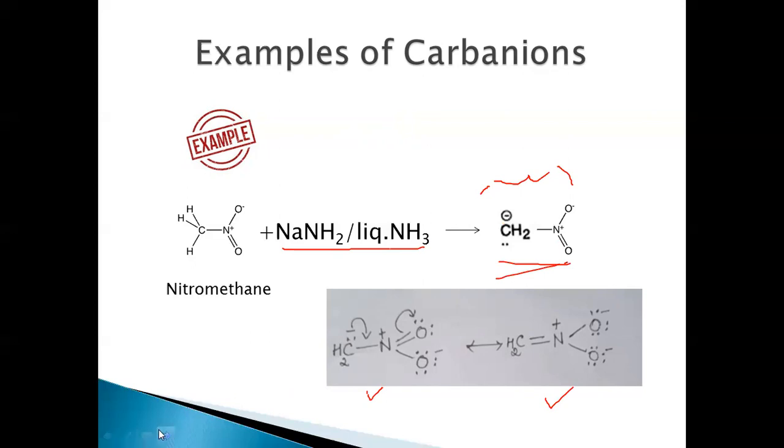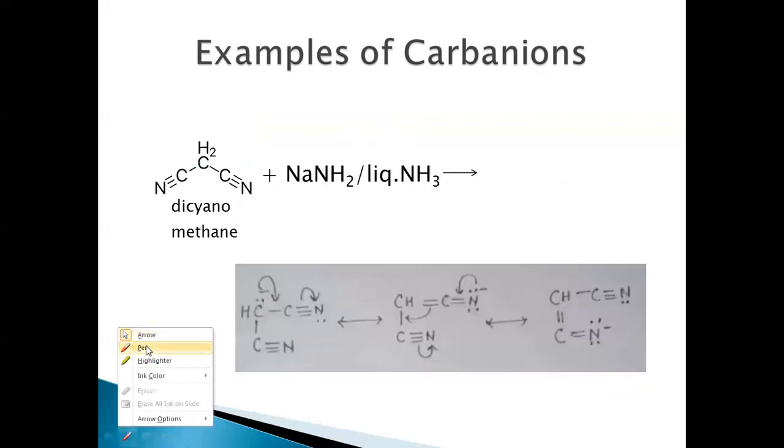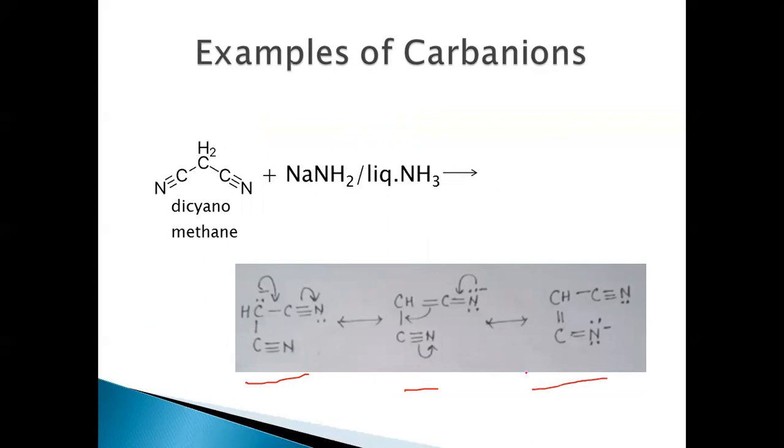The second example is dicyanomethane, which also readily forms a carbanion. Three resonance structures are possible here. It reacts with NaNH2 in the presence of liquid ammonia, resulting in the formation of the carbanion, which is stabilized by three resonance structures.